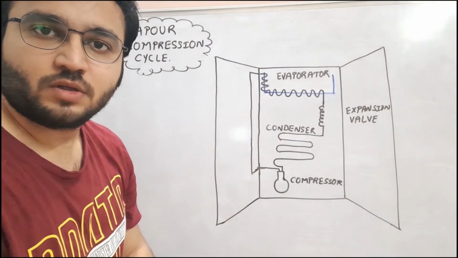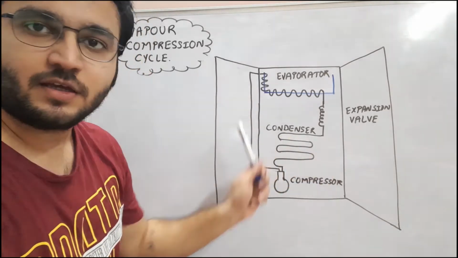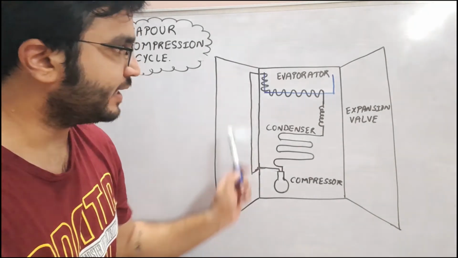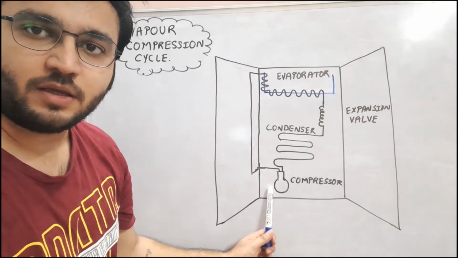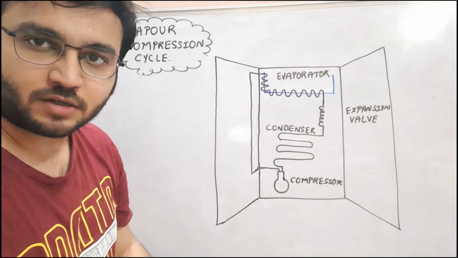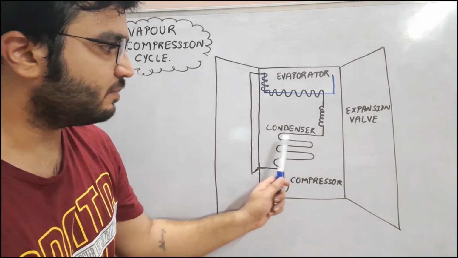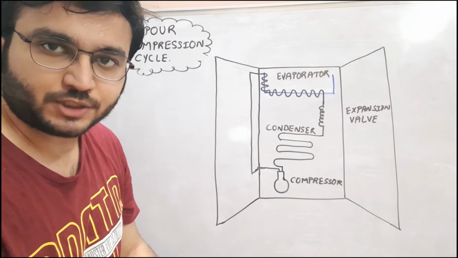So this is how all the components of the vapor compression cycle are arranged inside the refrigerator. If we open the refrigerator, it will look like this, and the components will be arranged like this: the compressor will be in the base section of the refrigerator on the back side. Then above that there will be condenser coils which we can see from the back portion of the refrigerator.